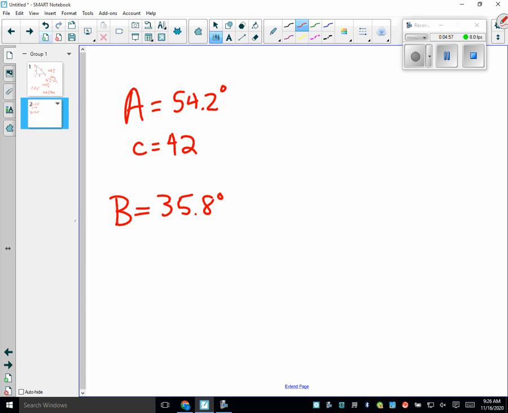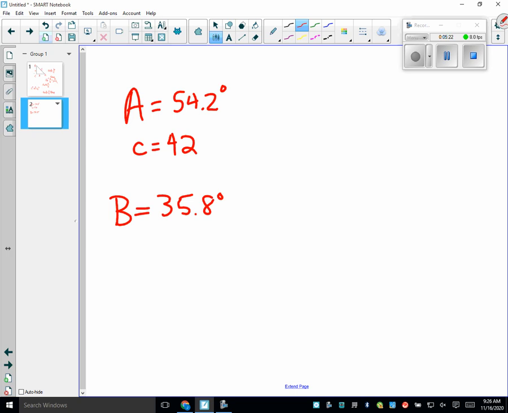Okay. I need to find side A and side B, right? Because I like to kind of go in alphabetical order. Can I find side A? Probably.